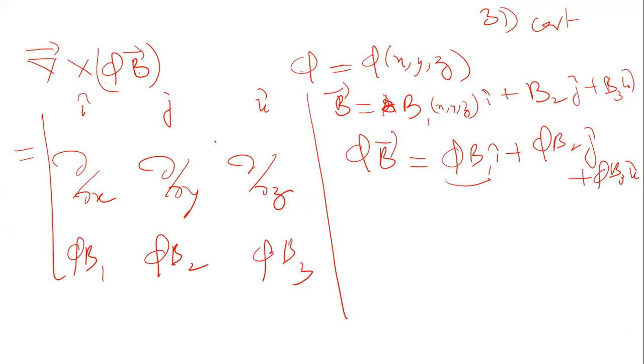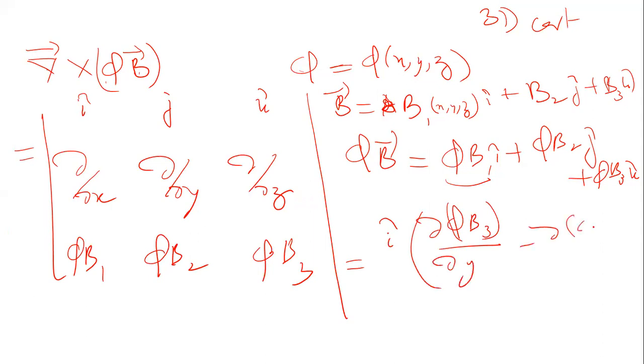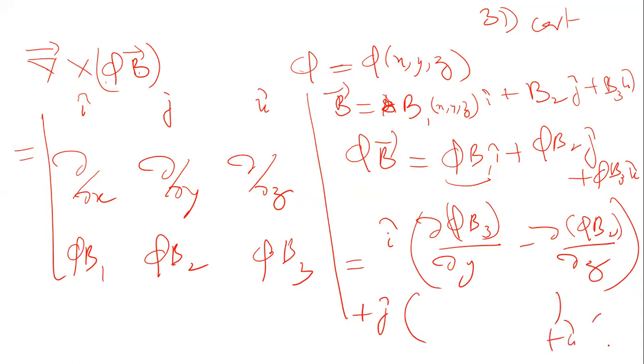If you take this cross product, this will result in the i coefficient as del phi B3 upon del y minus del phi B2 upon del z. The j coefficient and the k coefficient you also calculate. I think you can continue. Follow this line and you should be able to do it.